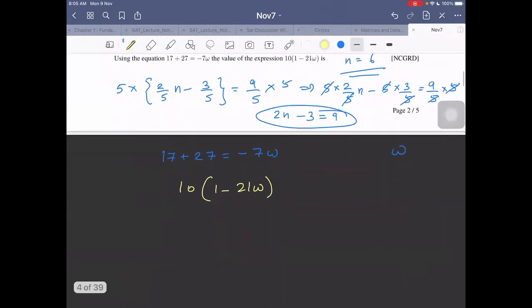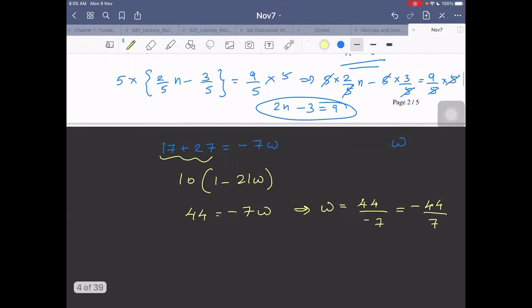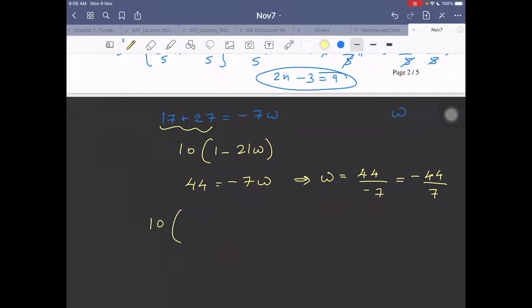Again, we have 17 plus 27, that is 44, is equal to minus 7 omega. So your omega becomes 44 divided by minus 7. That will be minus 44 divided by 7. Now 10 times 1 minus 21 omega is going to be 10 times 1 minus 21 into minus 44 divided by 7.